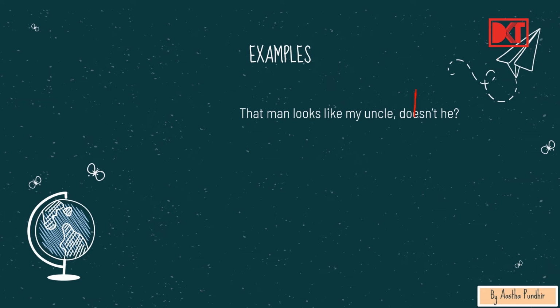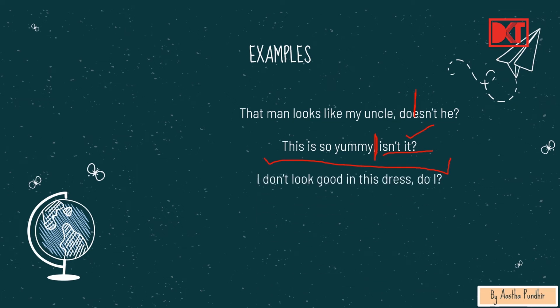Right? Here, this is a yummy statement. But we add isn't it? And this is a question tag. So this becomes a question instead of a statement. Alright. Another one. I don't look good in this dress. A statement. But the moment we add do I, it becomes a question. Alright.